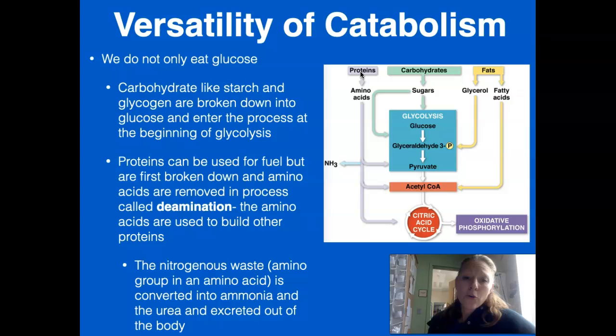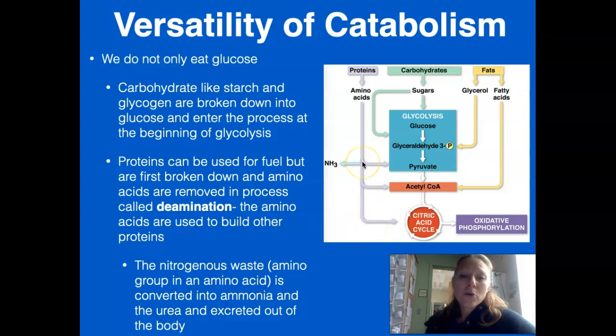And so what's left over after deamination is going to go into the process, either at the pyruvate processing or into the citric acid cycle, or at the very end of glycolysis, essentially. Because proteins are so diverse, you're going to get a number of different molecules that are going to go in. And so some will go in at the end of glycolysis, some will go in at pyruvate processing, and some will go in at the citric acid cycle.